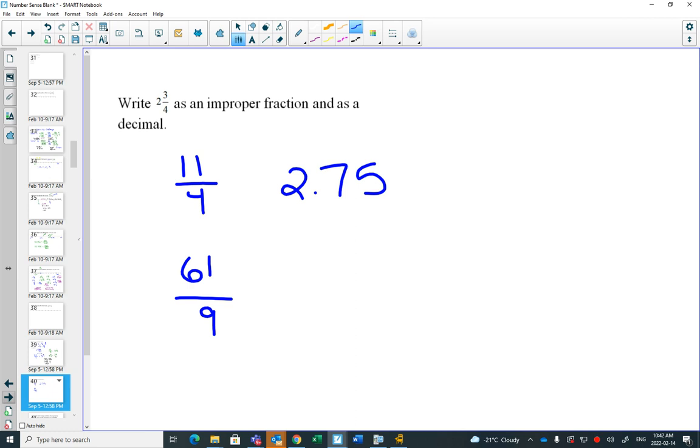Change it to a mixed and change it to a decimal. That would be a lot of Toblerone bars, by the way. Changing 61/9 to a mixed and to a decimal.